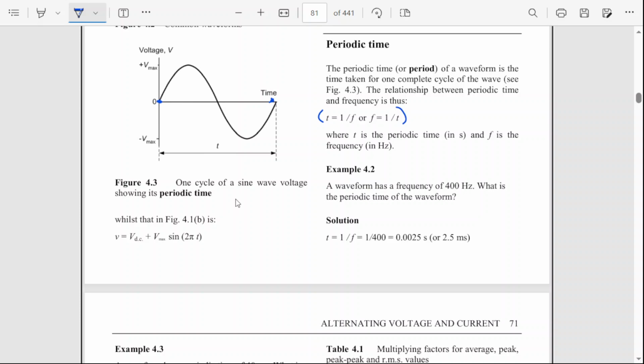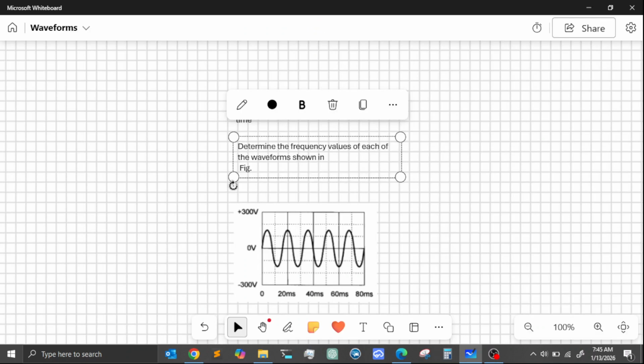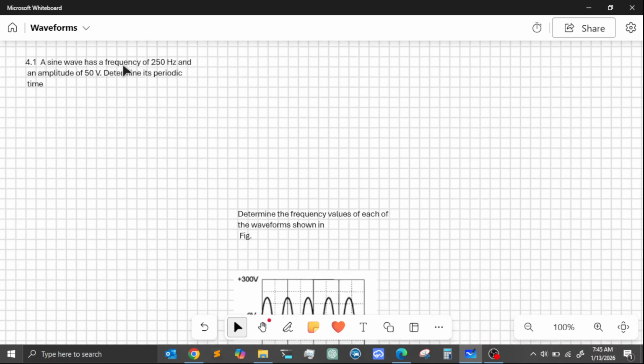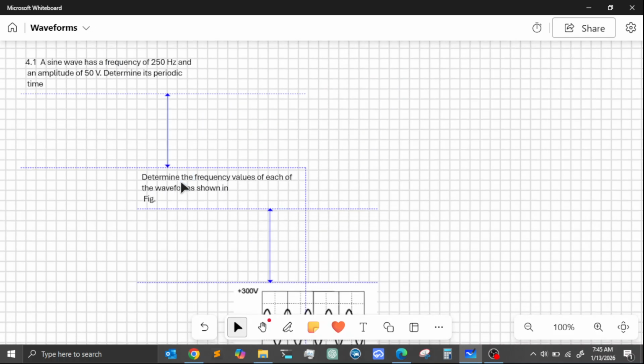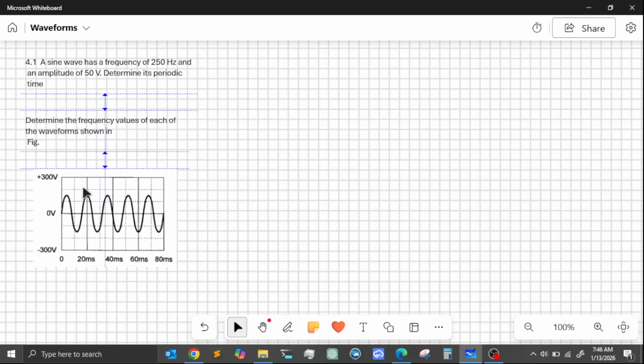so let's go ahead and do a couple of exercises. The first one says a sine wave has a frequency of 250 hertz and an amplitude of 50 volts.